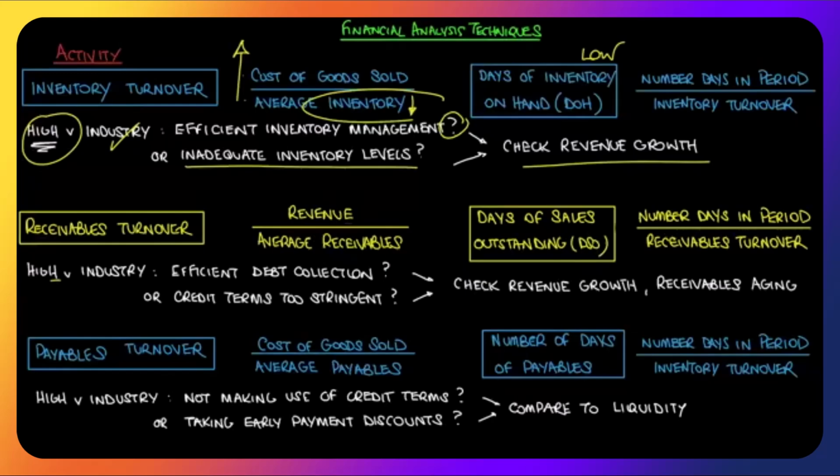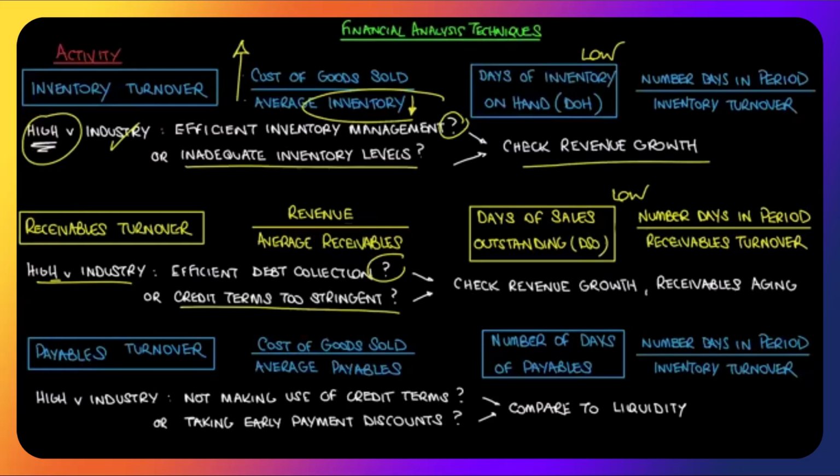Receivables turnover. If that is high versus your industry, positive spin, I'm being efficient in my debt collection. I will have low days of sales outstanding, collecting from my customers very quickly. That's great news. Or is it? Are my credit terms too stringent? Am I being too strict?